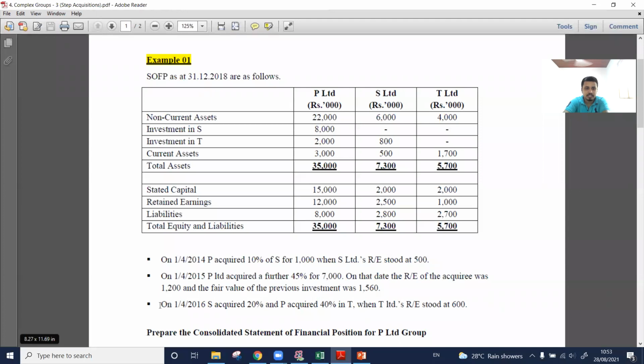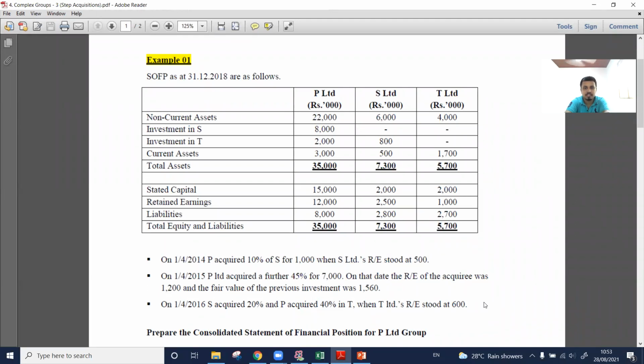Further, on the third bullet point, it says what? On 1st of April 2016, S acquired 20% and P acquired 40% in T when T Limited's retained earnings stood at 600.